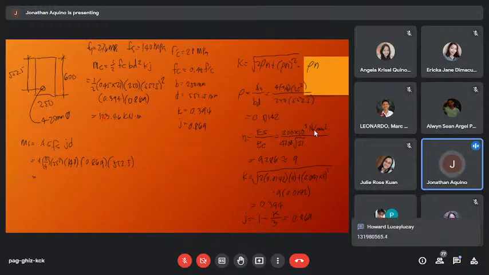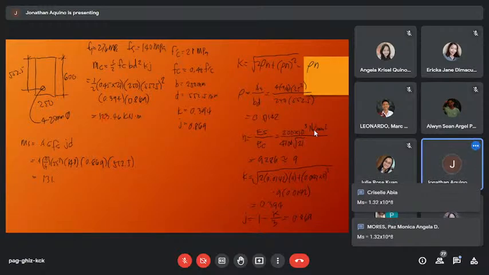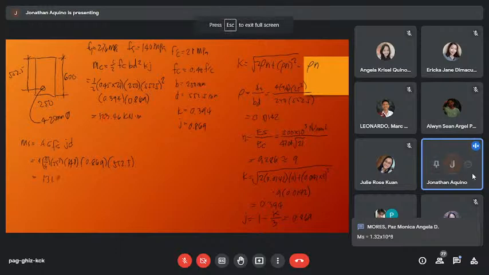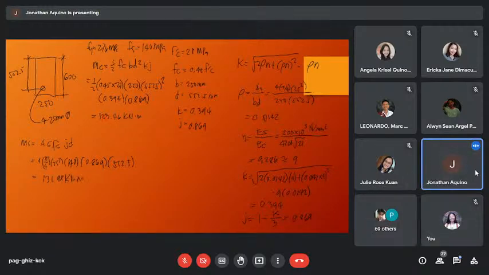So the moment capacity considering steel is 131 or 132. Okay, 131.98 kilonewton meter. Thank you for the answer, Richard, Adriana, Howard, Crisel, and Paz.